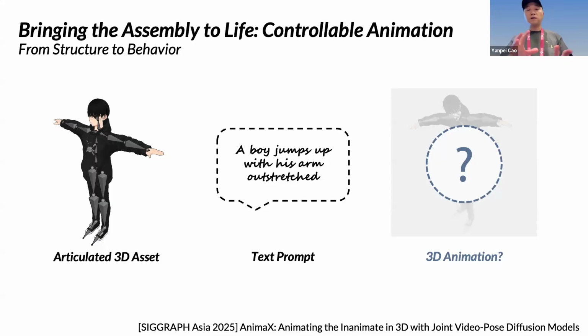Once UniRig has automatically rigged our asset, it needs to be moved. The asset needs to move, right? And this is the domain of our method, Animax. Animax generates 3D animations from the mesh, driven by a textual description of the motion.